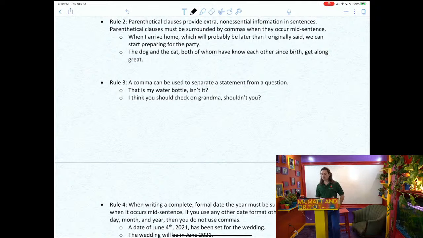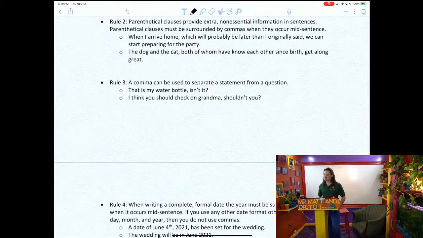However, it is important to understand that parenthetical clauses provide extra information, non-essential information in sentences. So they give detail, they give color, and they also have a remarkable ability to shift tone in a sentence by having this dramatic or declarative statement that's injected into the middle of the clause.